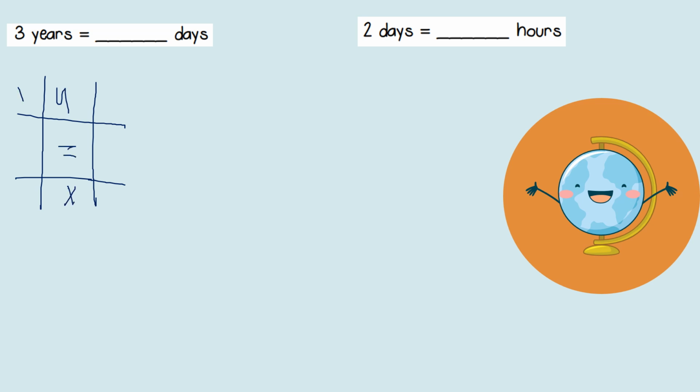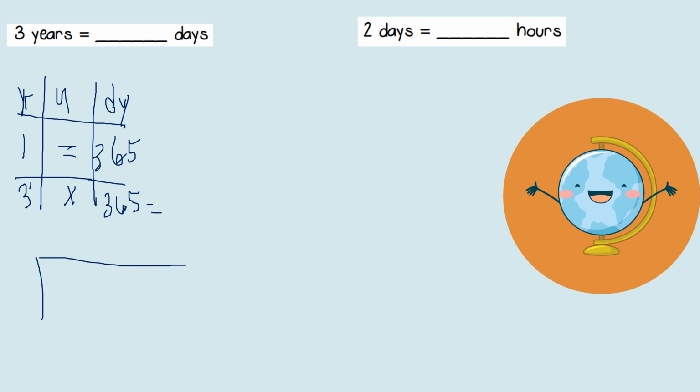I have years. Those are bigger than days. My chart, or I'm supposed to already know that 1 year is equal to 365 days. My question says 3 years and doesn't tell me anything about days, so I use what's in my tic-tac-toe. So I'm trying to multiply 365 times 3.